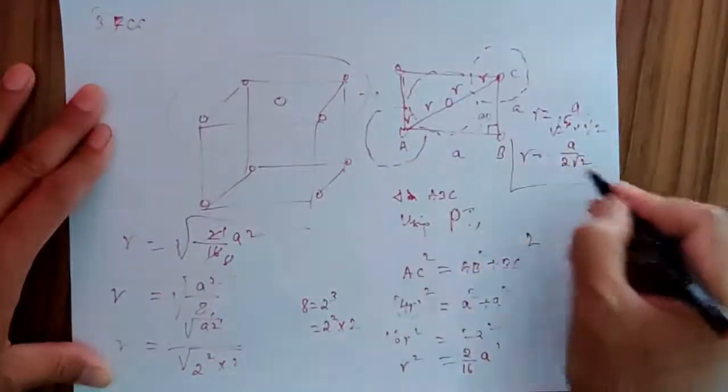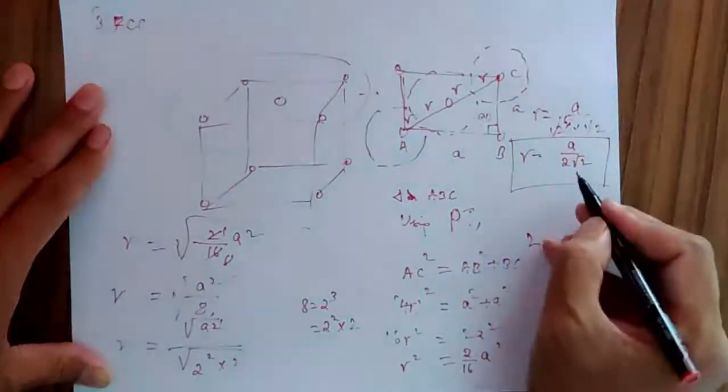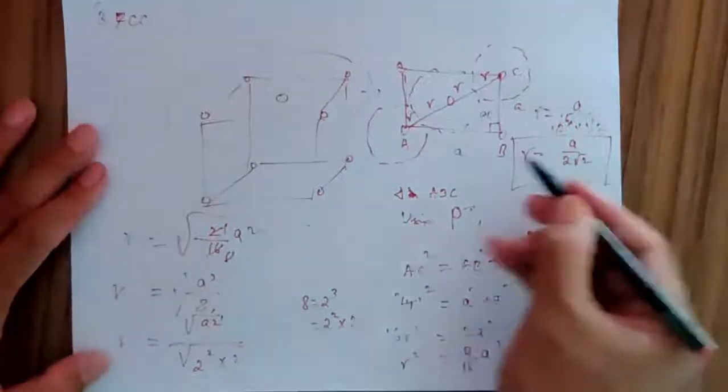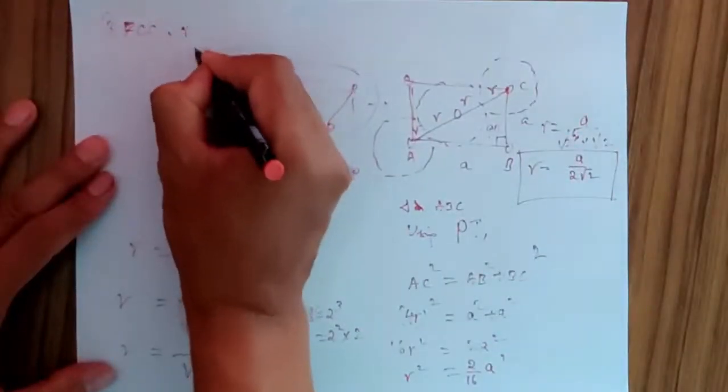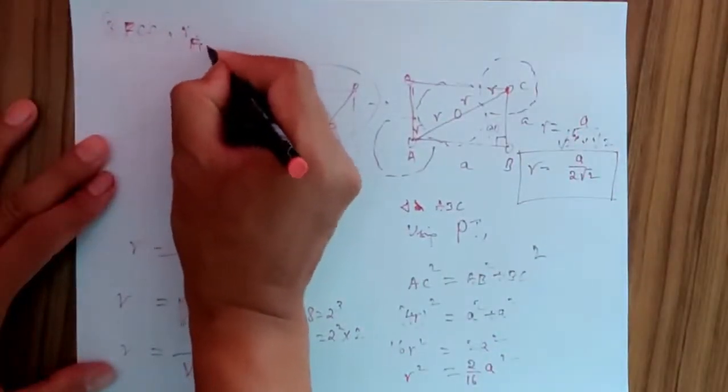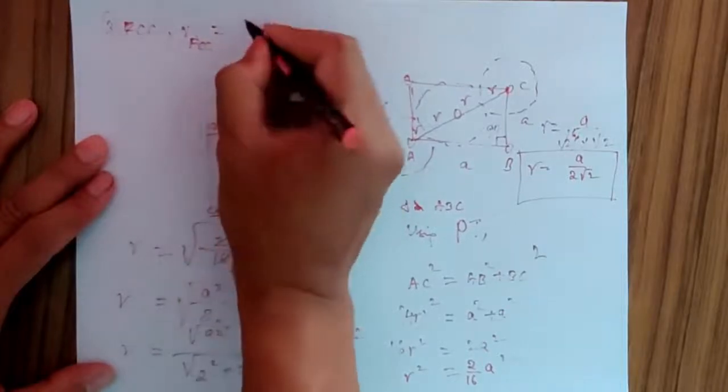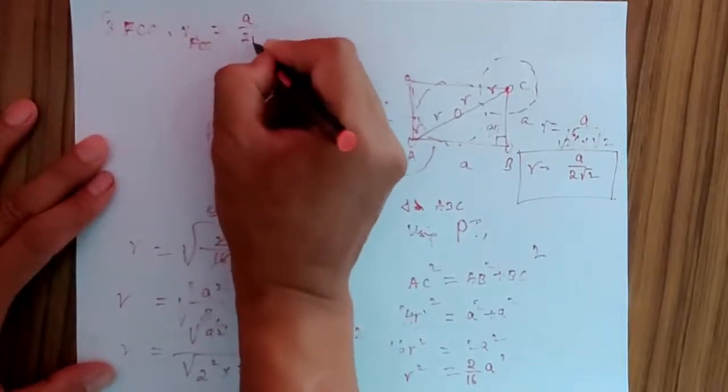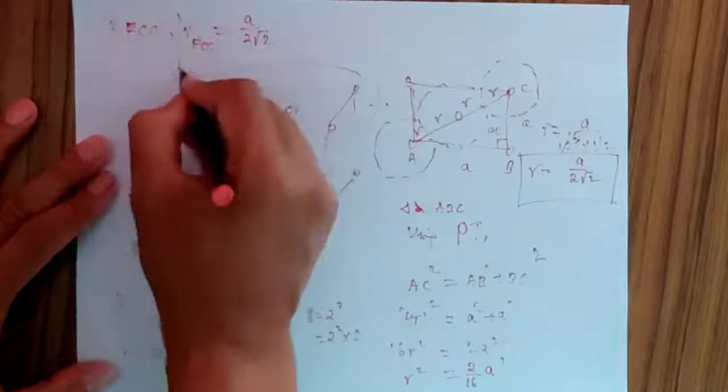Okay, atomic radius for FCC is A by 2 root 2. Finally, R for FCC is A by 2 root 2.